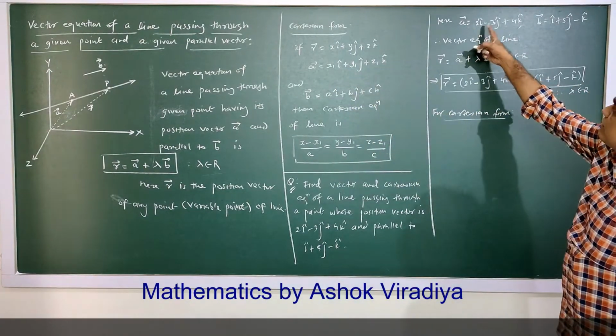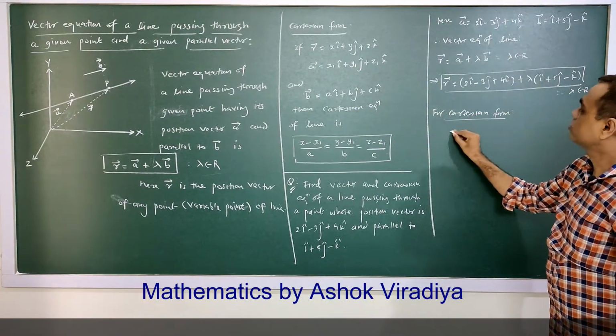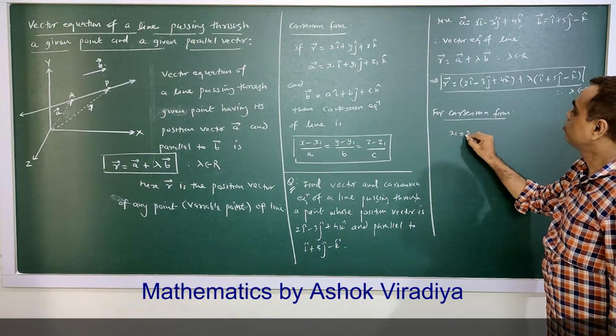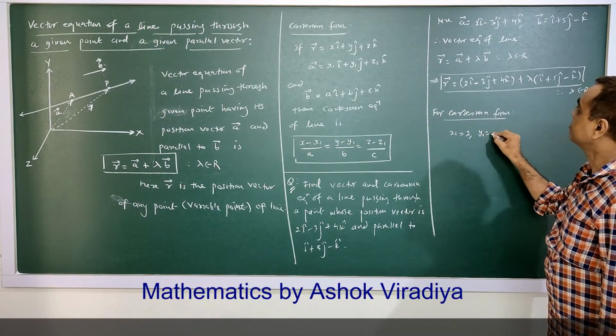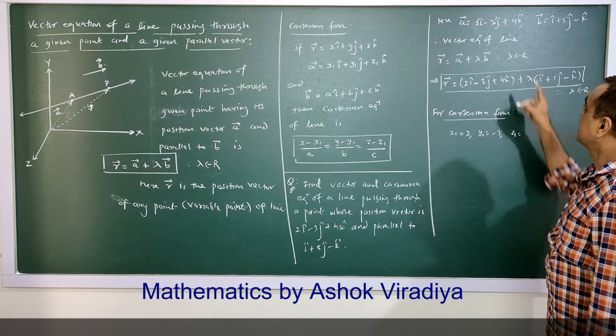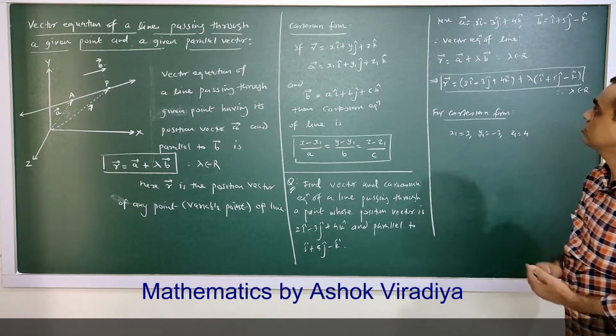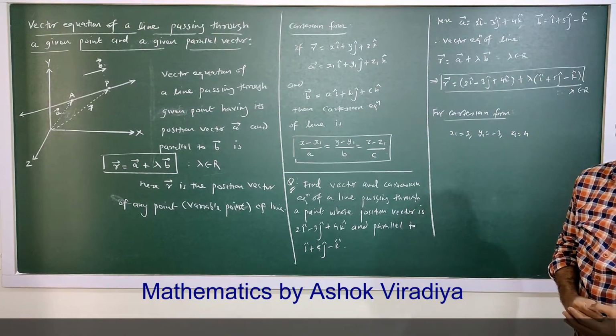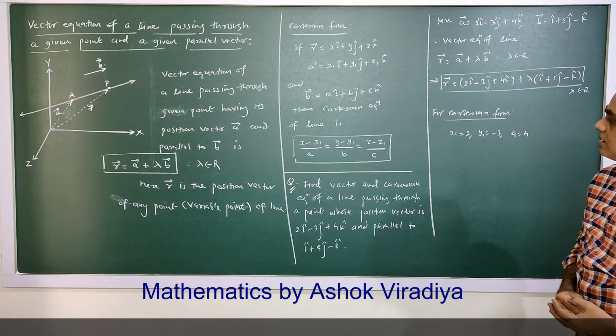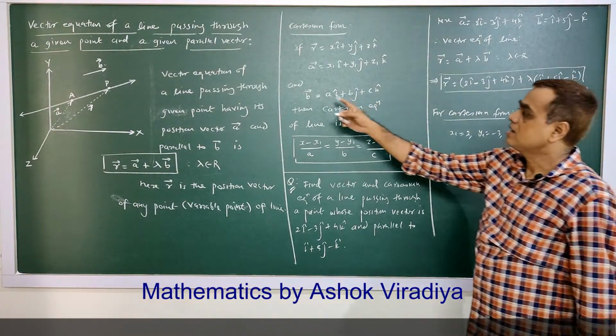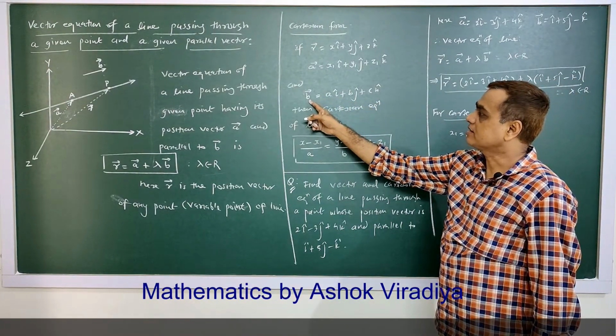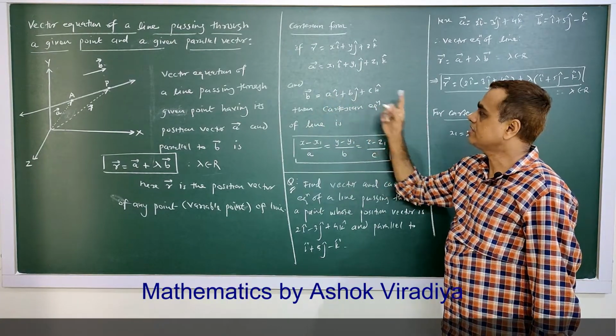So here x1 is 2, y1 is minus 3, z1 is 4. Then for the given parallel vector, its scalar components we take a, b, c.